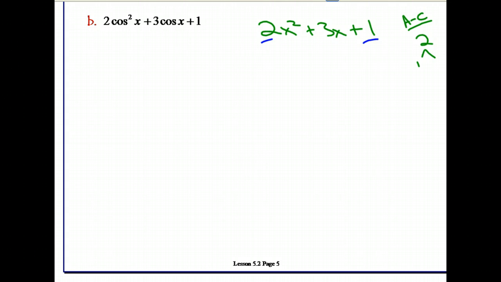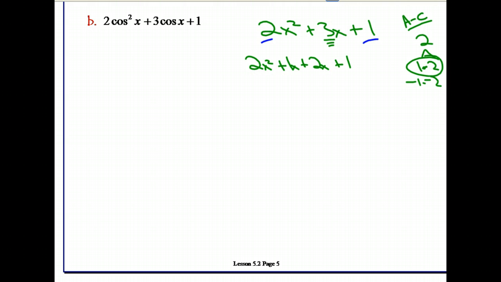Then I want to break up the 2. There's not a lot of ways to break it up. And I'll break it up into 1 times 2 because 1 plus 2 equals 3, that number right there. Then I rewrite this as 2x squared plus 1x plus 2x plus 1.